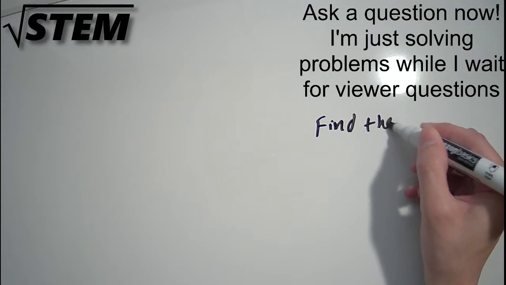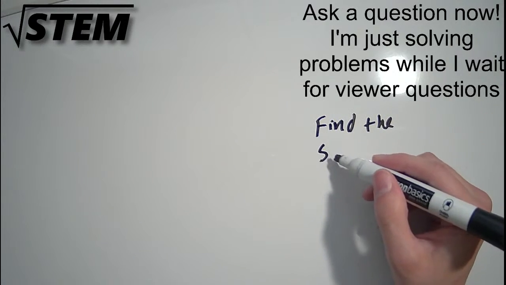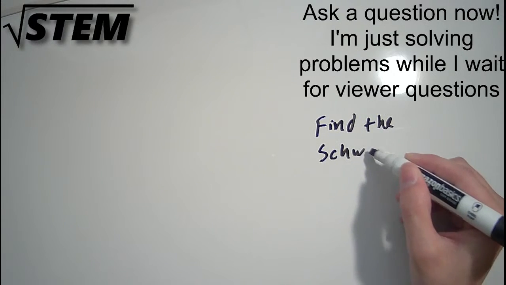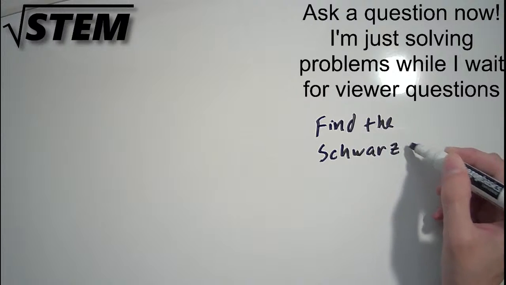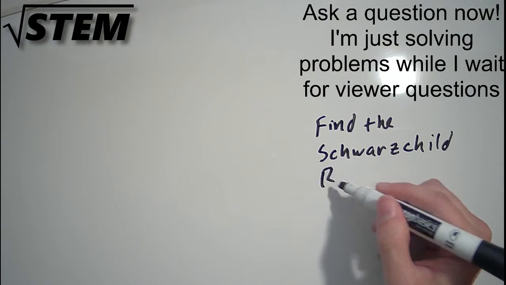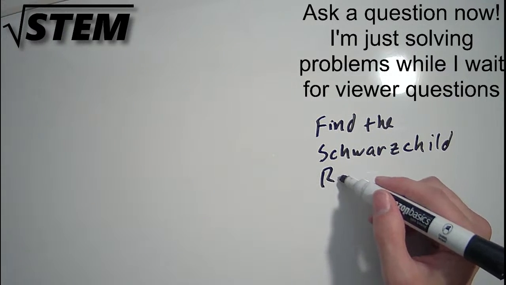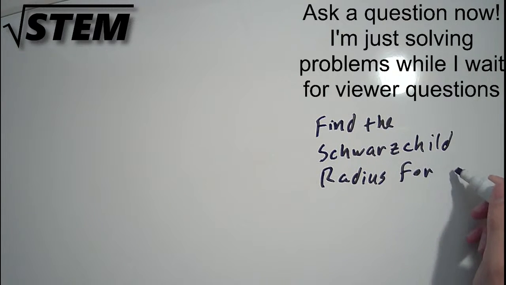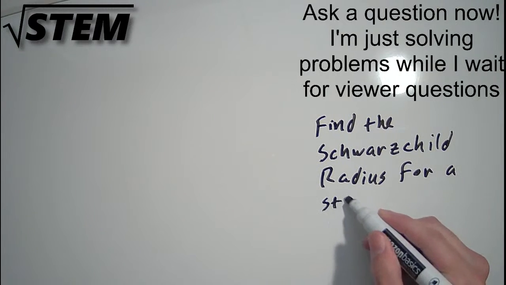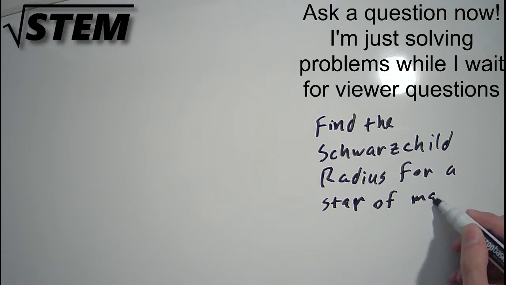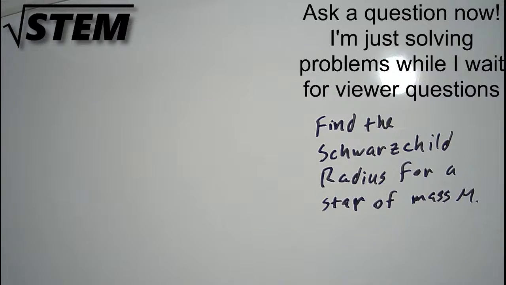Find the, let me make sure I spell this right. Schwarzschild radius for a star of mass m. Is that right?